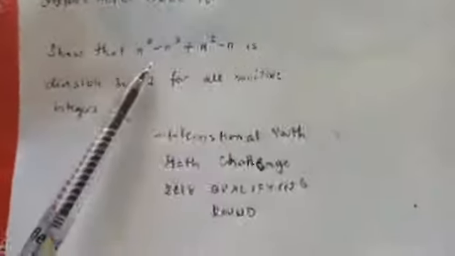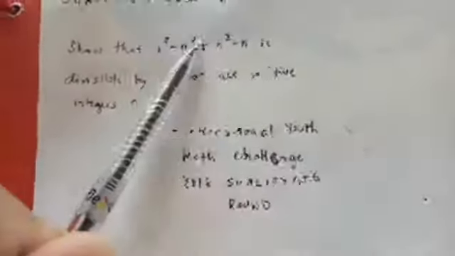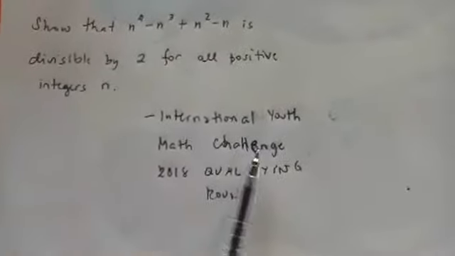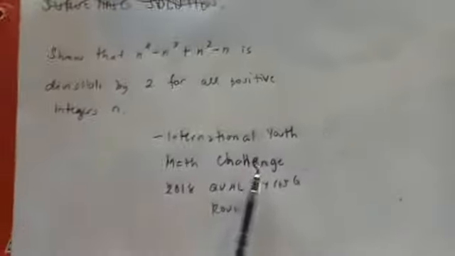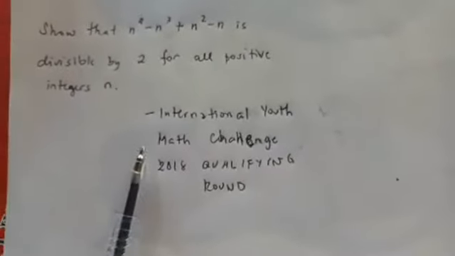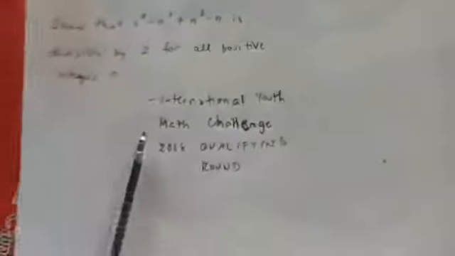Show that n raised to the power of 4 minus n raised to the power of 3 plus n squared minus n is divisible by 2 for all positive integers n. This is from the International Youth Math Challenge, 2018 qualifying round.